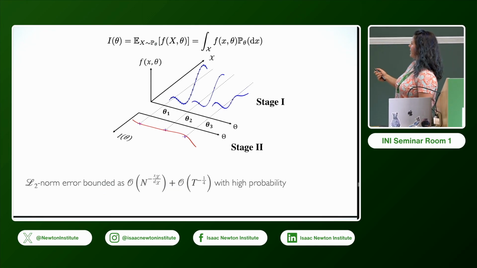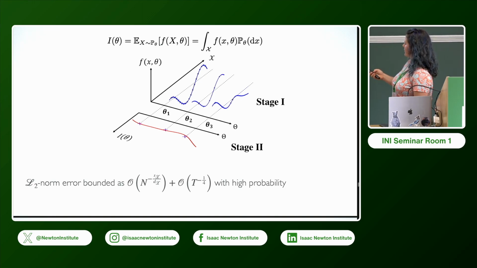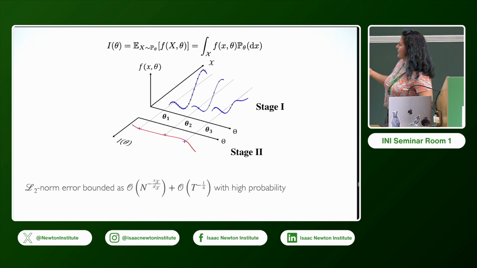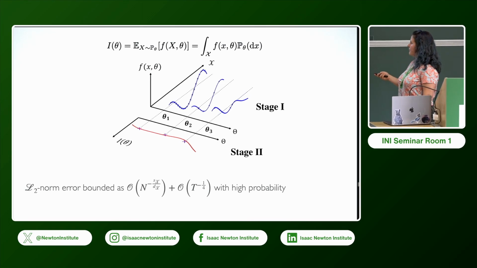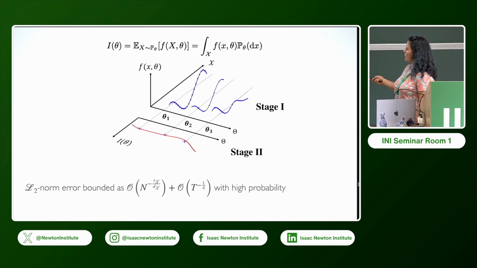It didn't include the assumptions on the kernel and the space for this result, but for this to hold, we need things like the kernel being at least as smooth as the function.